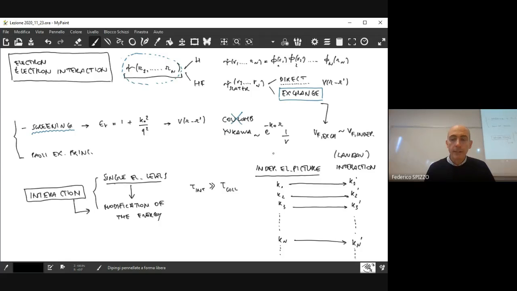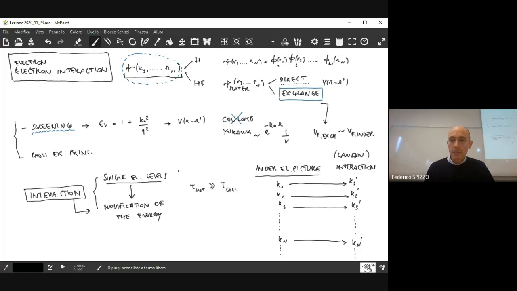Then at this point, the single electron level is fine, even if it is not an actual electron, but is this quasi-electron. So if this correspondence is fine, we may keep this single electron picture.